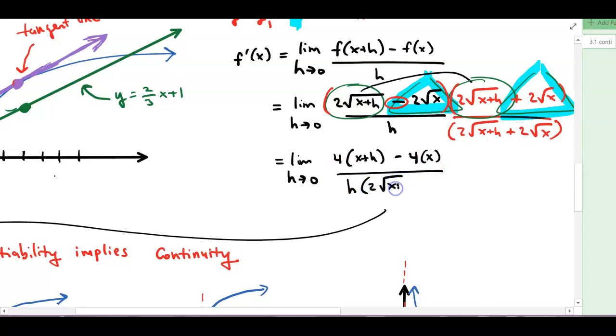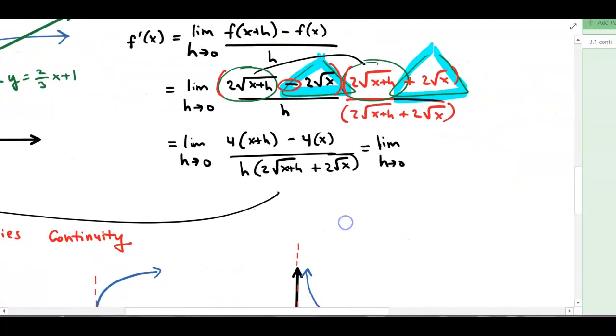You don't need to multiply that out because usually that could simplify out if you plug and chug, or could cancel. So let's take care of the top part. We could distribute the 4 into the x plus h, and you get 4x plus 4h minus 4x.